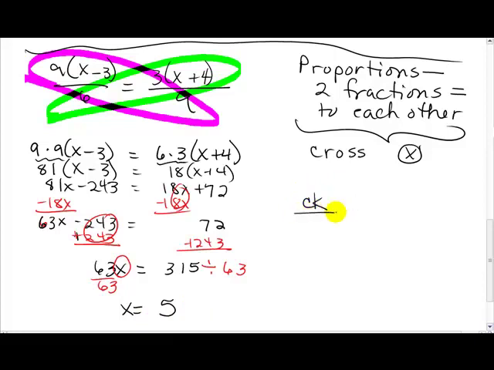Check it. I'll tell you what, I'm going to let you do the checking. So pause. Do the checking, and then come back and see if you got it correct.